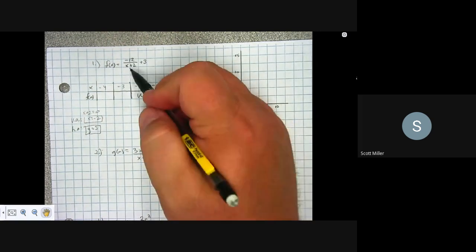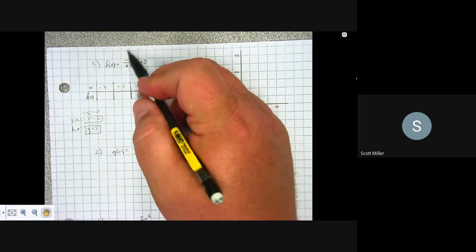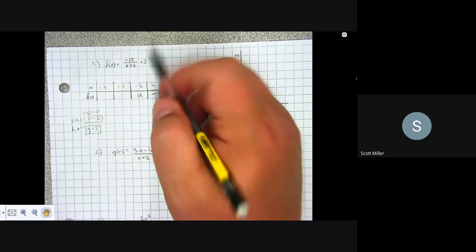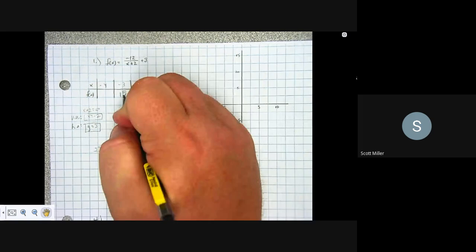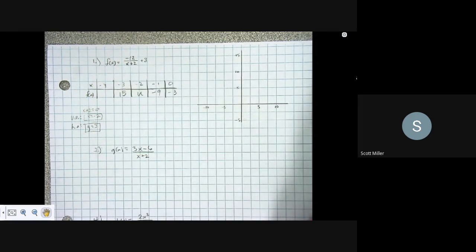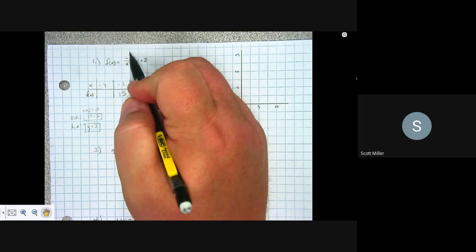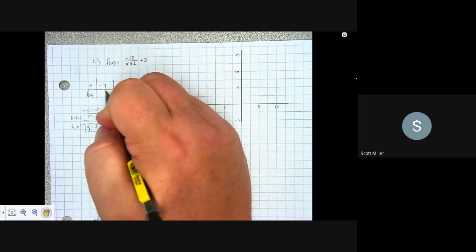If I plug in negative 3, I'm going to get a negative 1 on the bottom and a negative 12 on top. That gives me positive 12, plus 3, 15. And if I plug in negative 4, I'm going to get a negative 2 on the bottom and a negative 12 on top, which gives me positive 6 plus 3, 9.